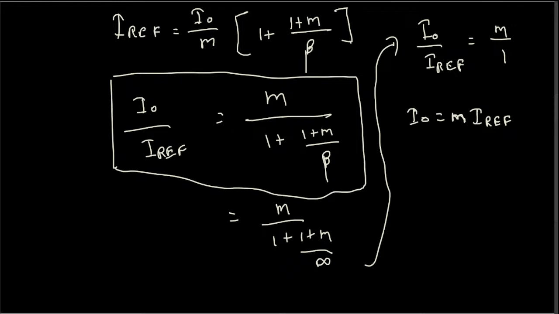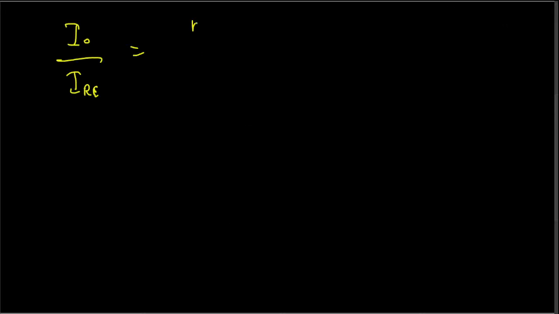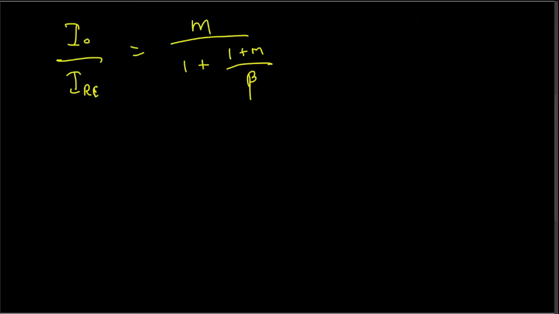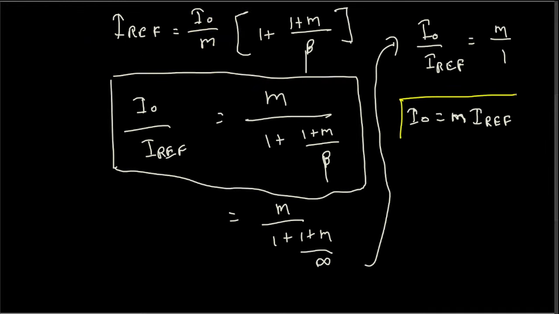I0 over I reference is equal to M over 1 plus M over beta. So instead of I0, we can replace that one with this M times I reference.